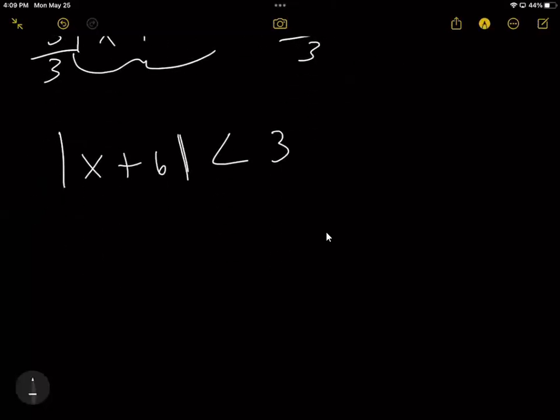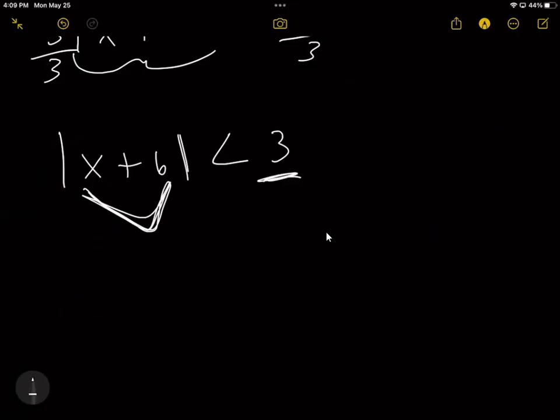So this means I need to know the value of x such that everything inside here will result in something that's less than 3 once we enact the absolute value symbols.